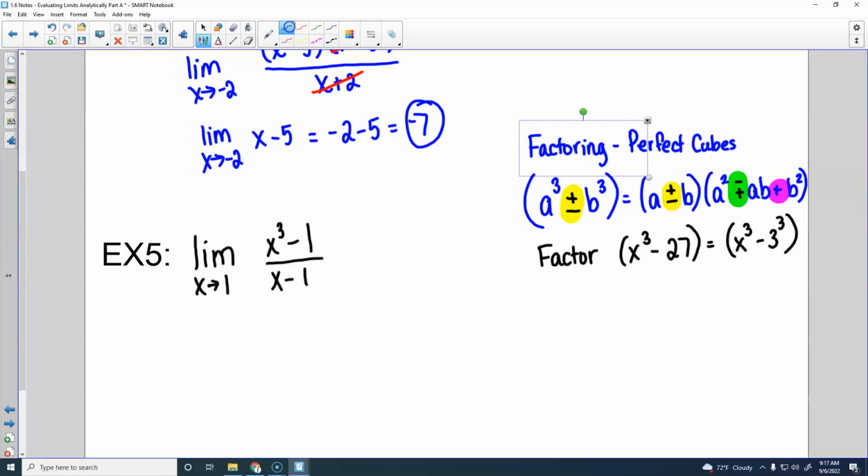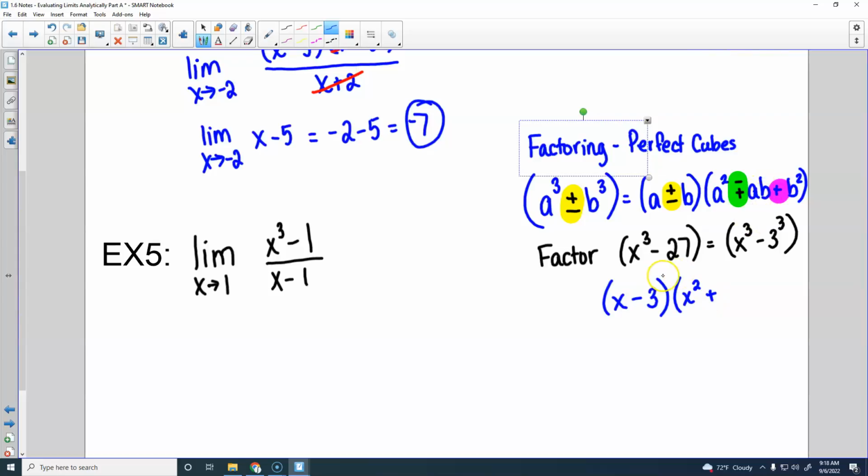So if we are going to factor this, if we use this formula, our a is our x here. Our b is our 3. So we would say x, we use the same sign, minus 3. That's our a minus b, right? And then we would have a squared, which in this case is x, so we'll have x squared. We switch our sign, so where this is a minus, this one's going to be a plus.